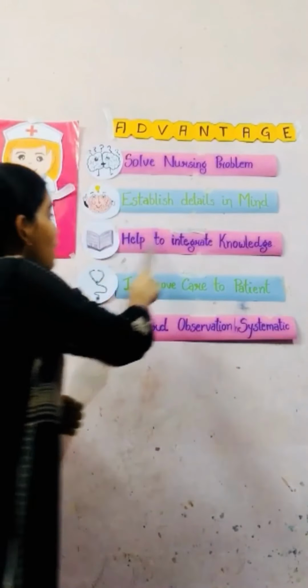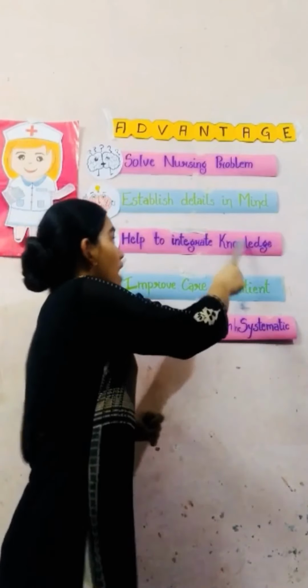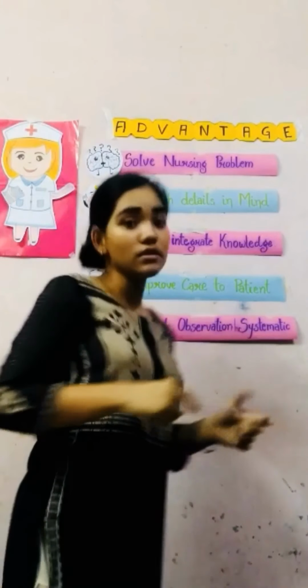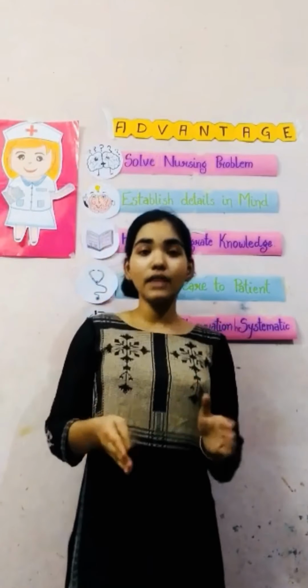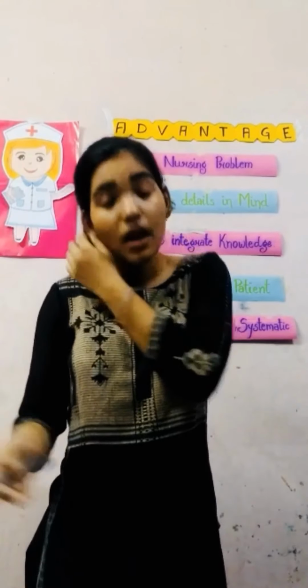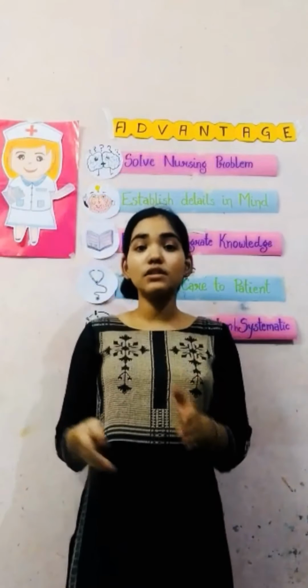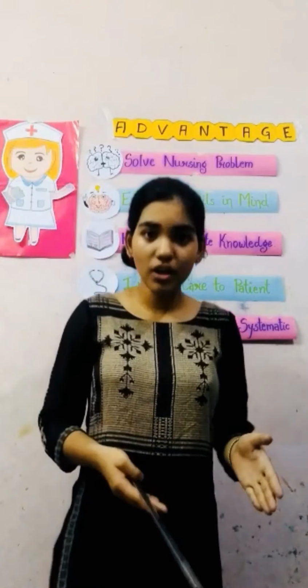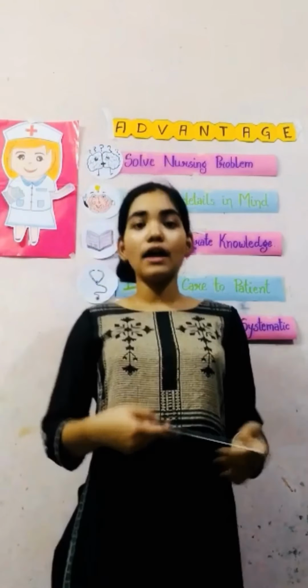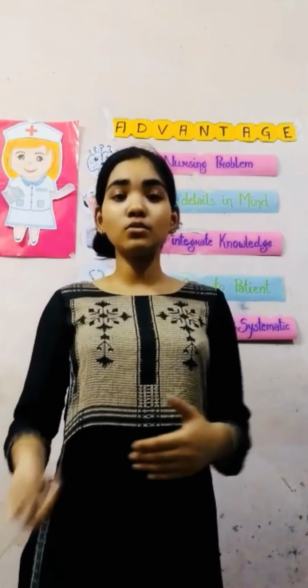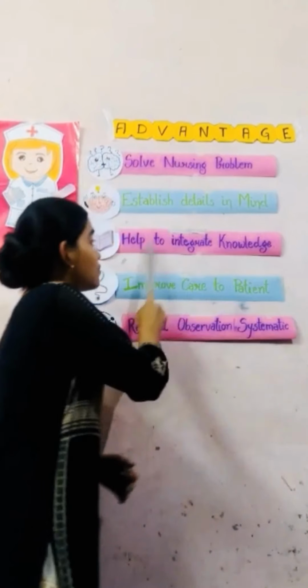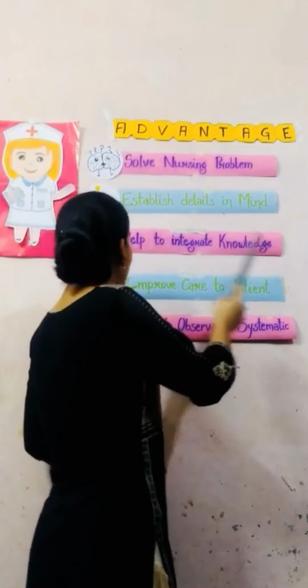Then help to integrate knowledge. It helps the student nurses to integrate the knowledge of various subjects in the field of nursing. The various subjects mean nursing foundation, medical, surgical, sociology, and education and communication. The student nurse can integrate knowledge.